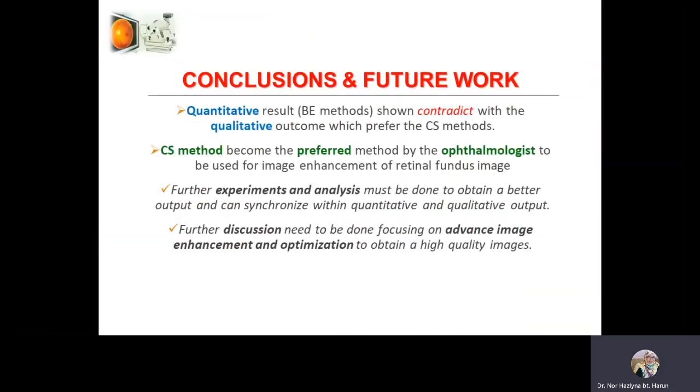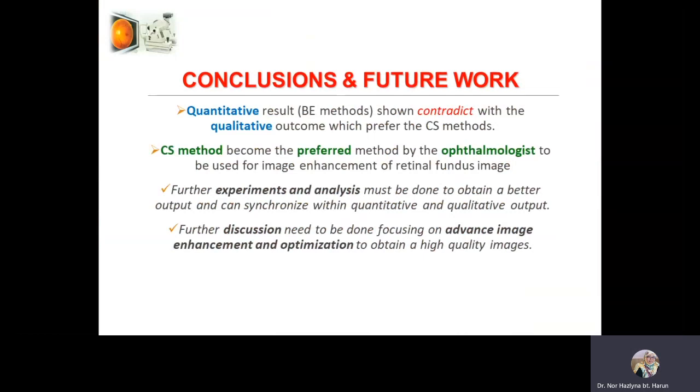As a conclusion, the quantitative result referring to the BE method contradicts the qualitative outcome, which prefers the CS method. The CS method became the preferred method chosen by the ophthalmologist to be used for image enhancement of retinal fundus images.